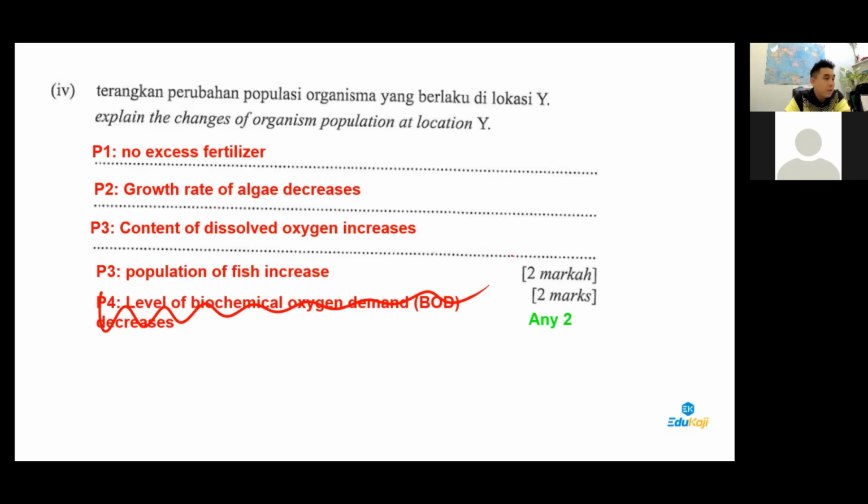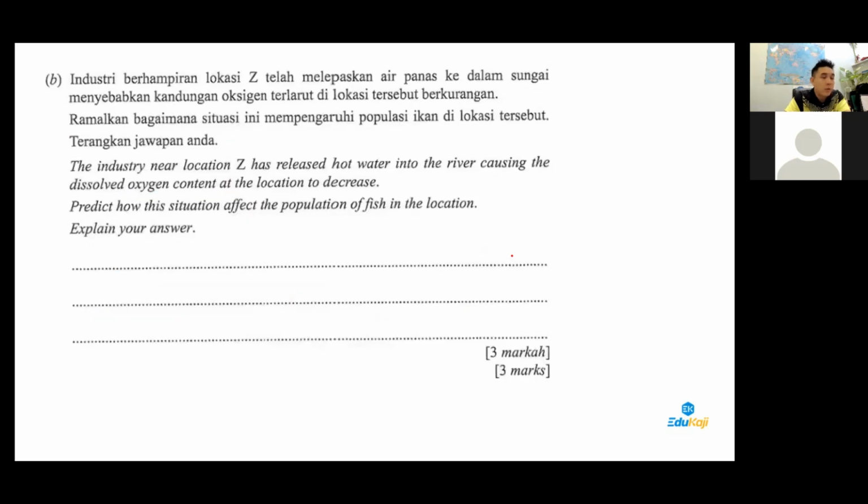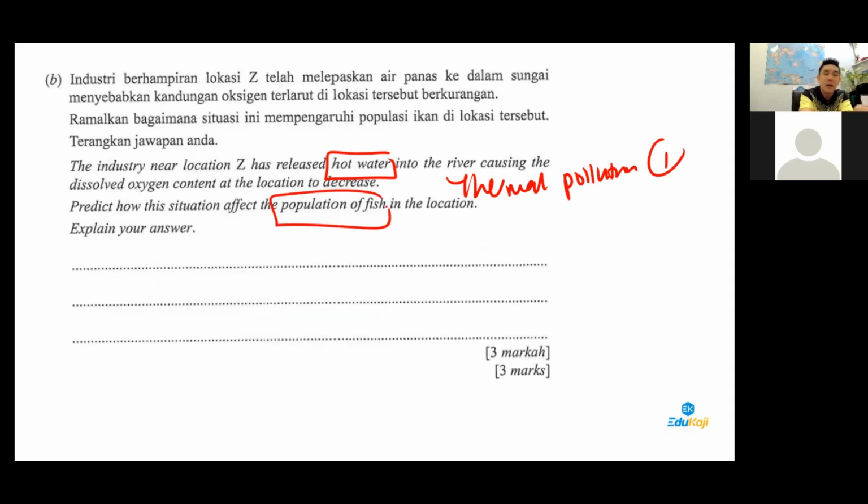Okay, next. The industry near ZAC release hot water. Guys, hot water, you see straight away, you have to identify it as thermal pollution. If you mention thermal pollution, you get 1 mark already. Confirm. And this will kill fishes, definitely. They ask how's the population of fish. Guys, the fish can't survive.